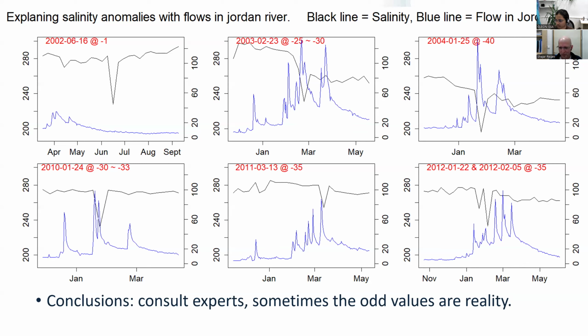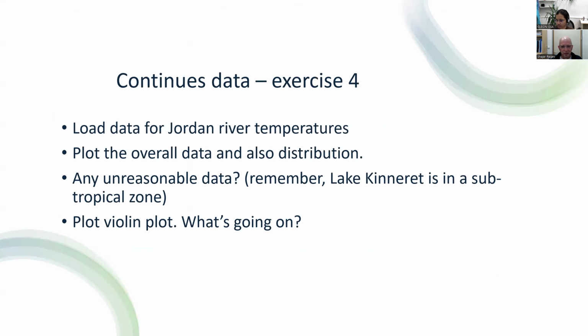So there may be many reasons. And I only discovered it because I looked into strange points in the data. I wasn't aware of it before that. So it was a good lesson.